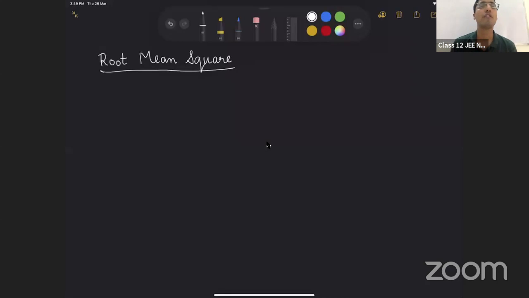Root mean square. So for root mean square, we have studied in mathematics that if you have n numbers, x1, x2, x3 and xn, okay, let's say we have n numbers.